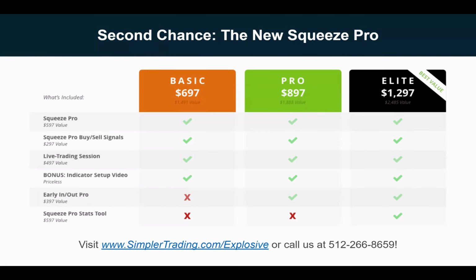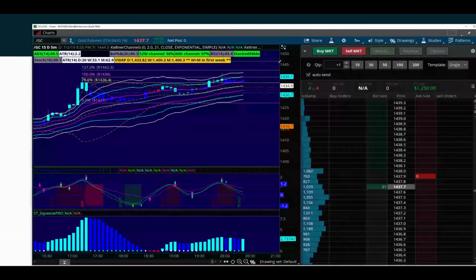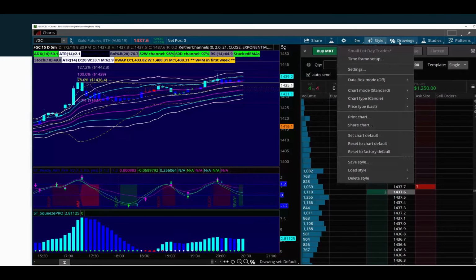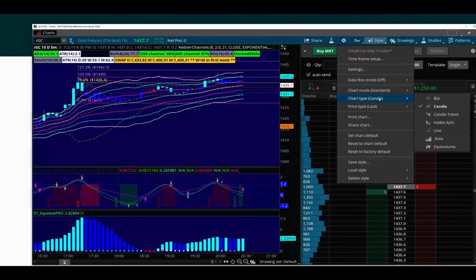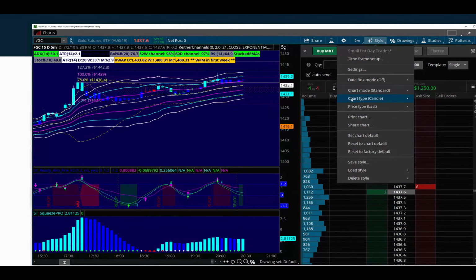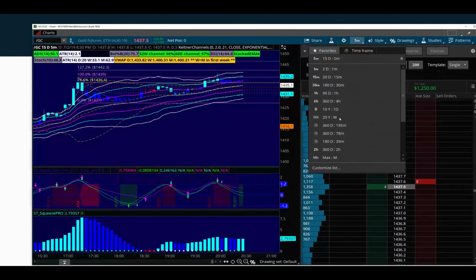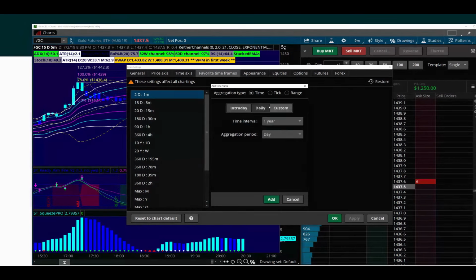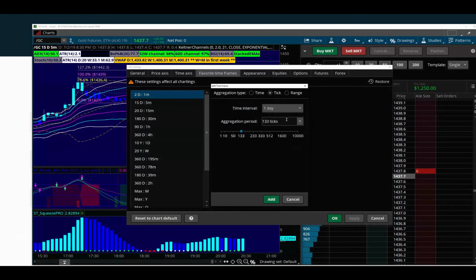Does it work with a tick chart? I have not used it on a tick chart, but as far as I know, it does. Before I say something that's not true, let's just go check. Let's create an intraday tick chart, 133.